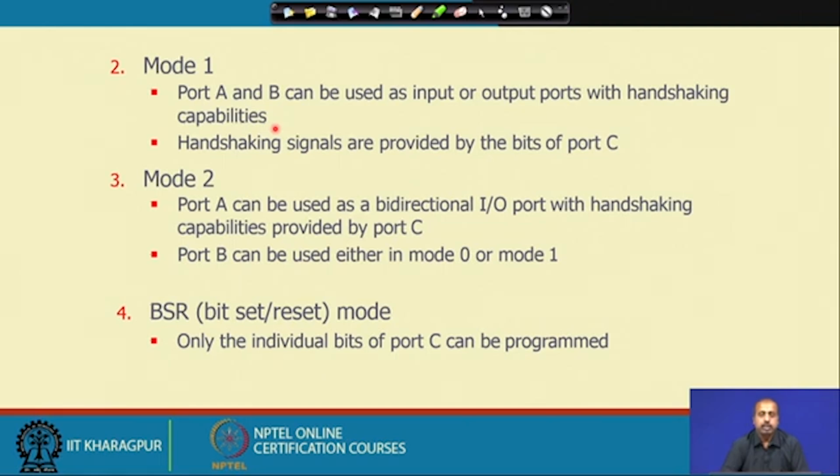So, all those things are controlled by port C. These handshaking signals are given by port C, and port A and port B are used as the data ports.